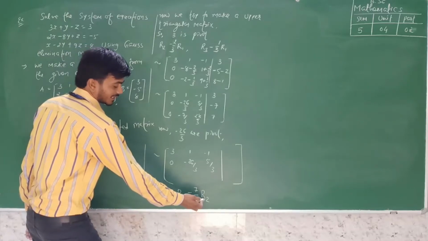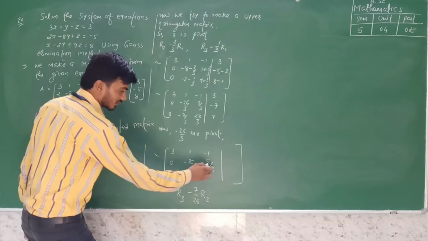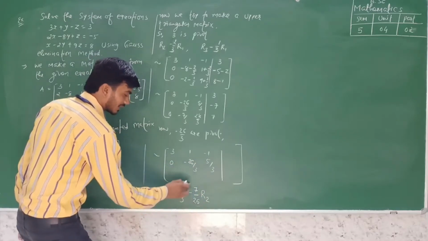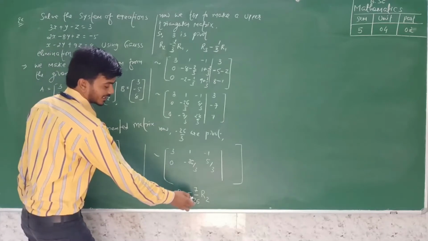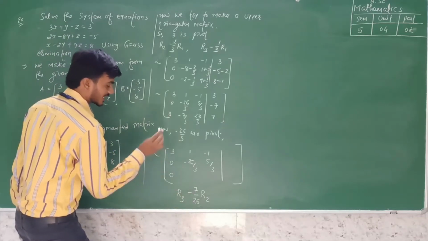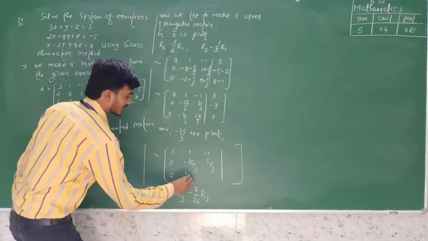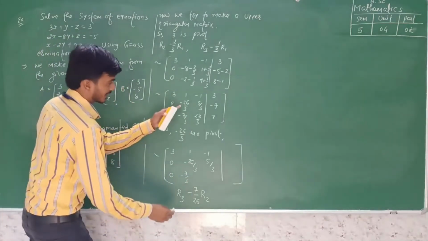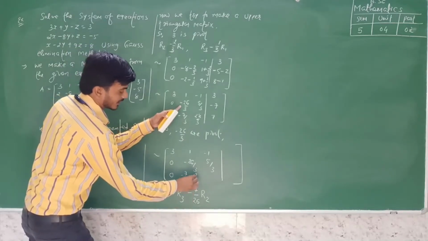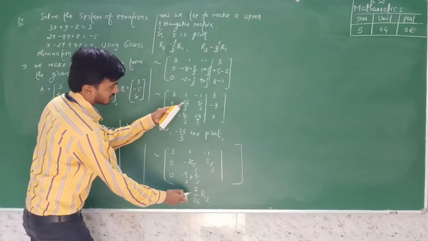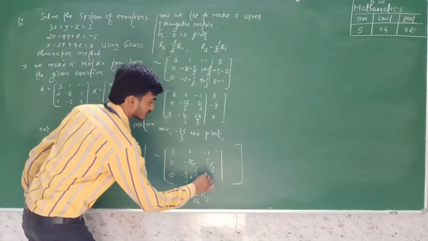Each and every element of the R2 second row is multiplied by minus 7 by 26. 0 into minus 20 by 6, 0 will be added there. 0 plus 0, that means 0. Minus 7 by 3 and minus 26 by 3 into minus 7 by 26, that means added. Plus, minus minus plus, 26 cancel, plus 7 by 3 will be added there.